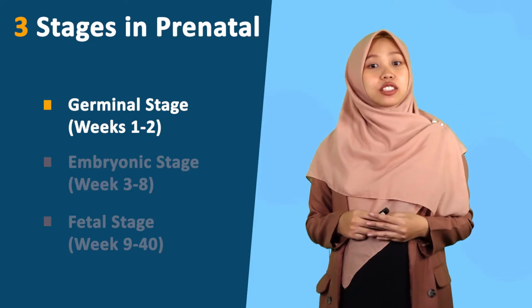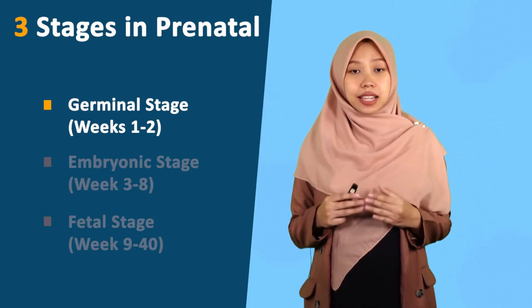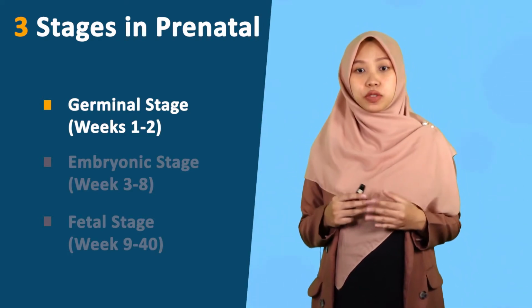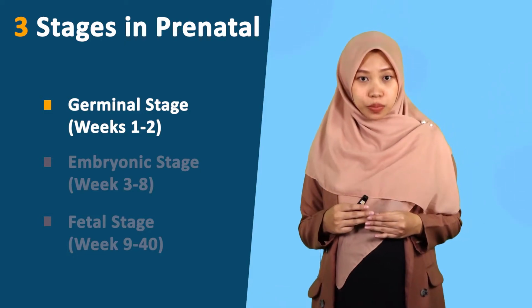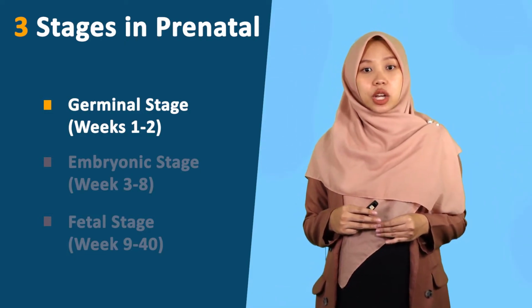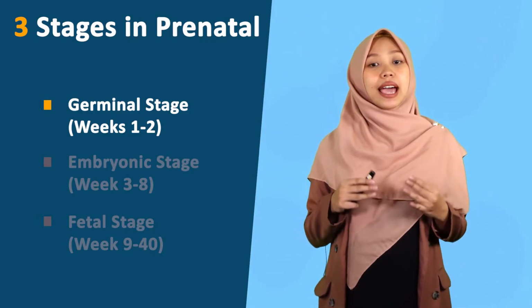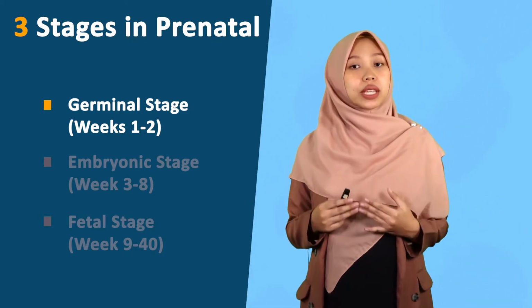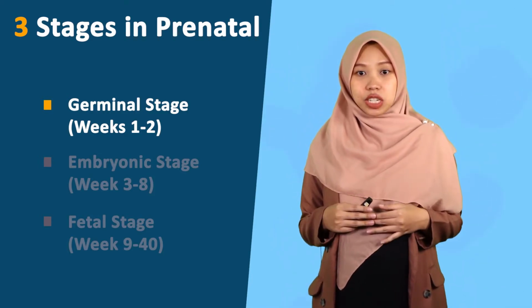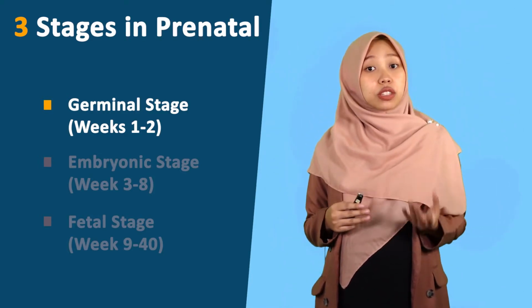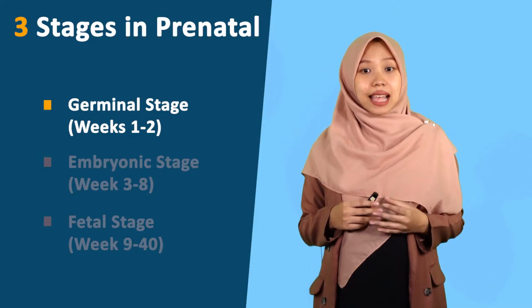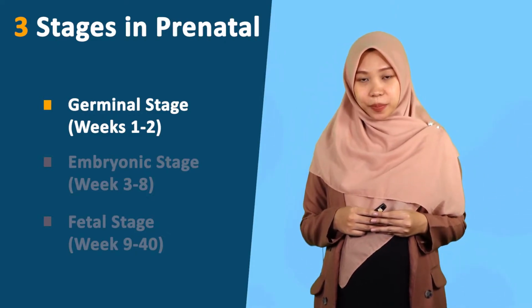It begins at conception when the sperm and egg cell unite in one of 2 fallopian tubes. The fertilized egg, known as a zygote, then moves towards the uterus, a journey that can take up to a week to complete. Cell division begins approximately 24 to 36 hours after conception.